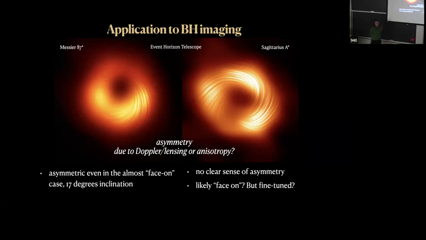Also GRAVITY. In terms of the GRAVITY flares, they see the circular pattern and they think it might be likely that we're looking down the spin that is towards us. It's actually interesting because there are polarization constraints, and polarization can give us a hint on the spin if we know the magnetic field ordering in the disk.